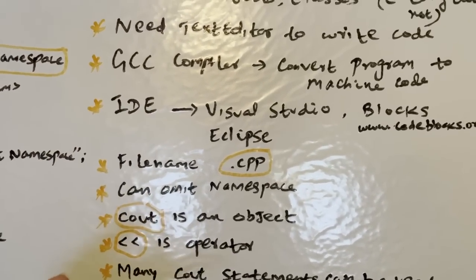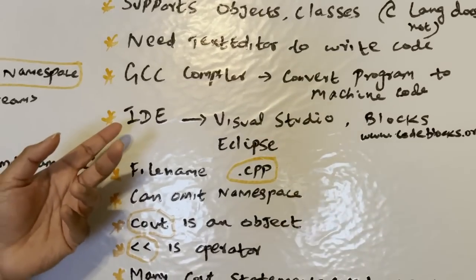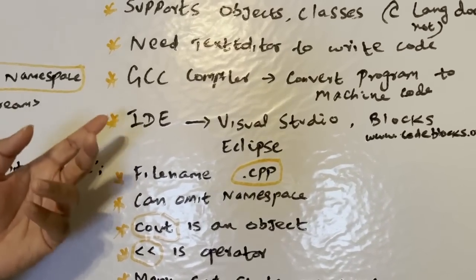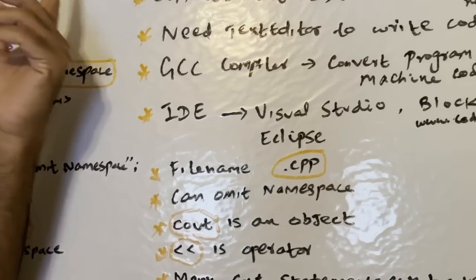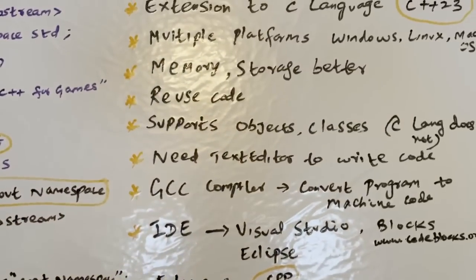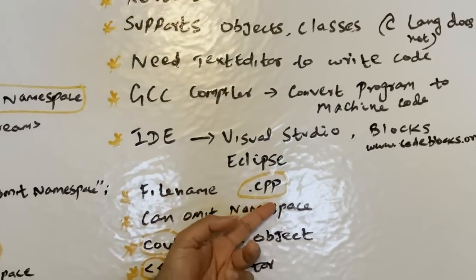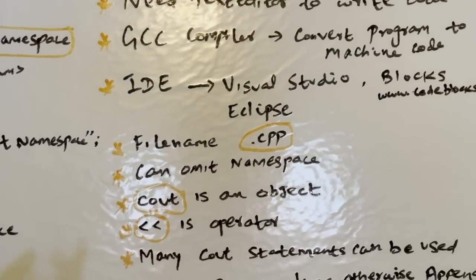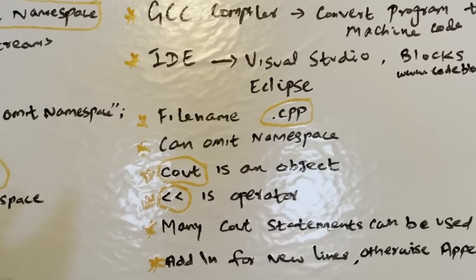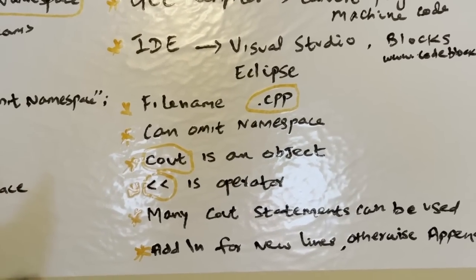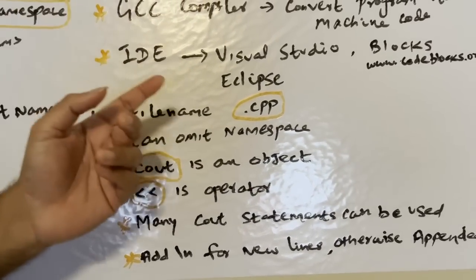It's zeros and ones. How do we develop? Nowadays we have the IDE. We put the code in the text editor and save it as a file name .cpp. C language files are .c, Java files are .java, PHP files are .php.